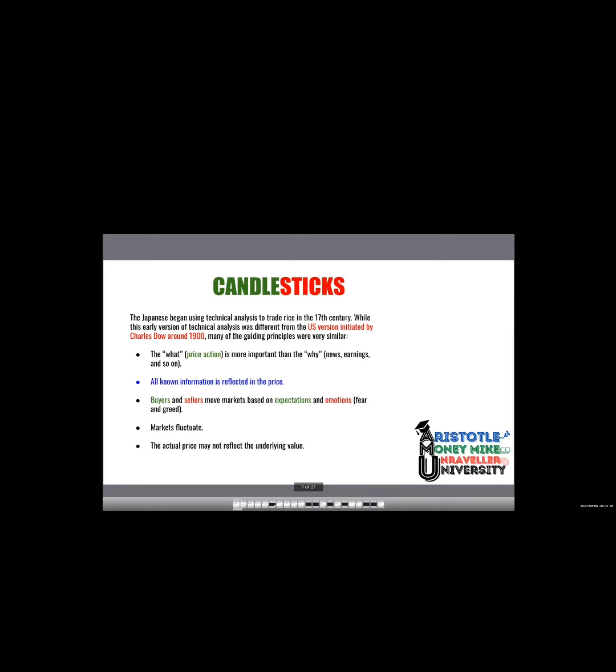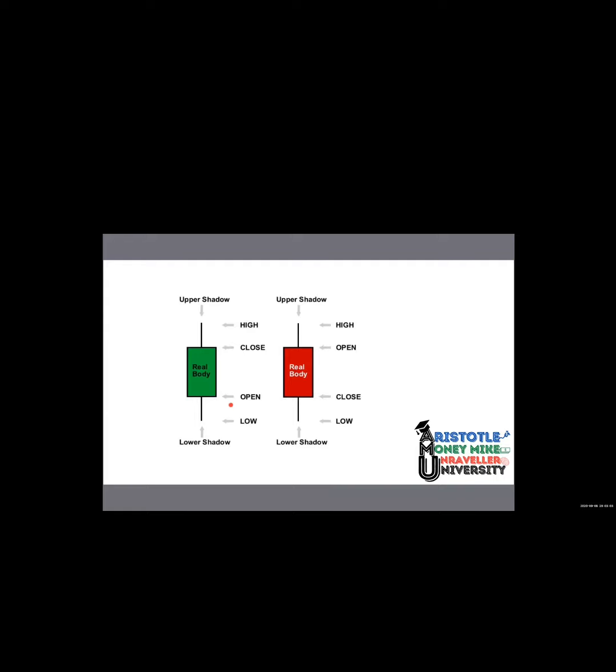So let's go over how to read whether a candlestick is bearish or bullish. In order for a candlestick to be bullish, the closing price must be higher than the opening price. Every candlestick you see will be represented by the time frame within that chart.